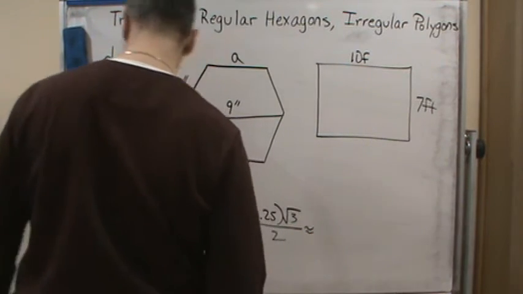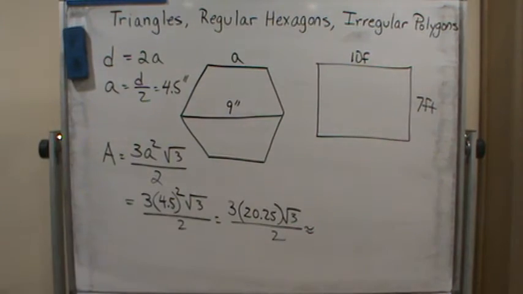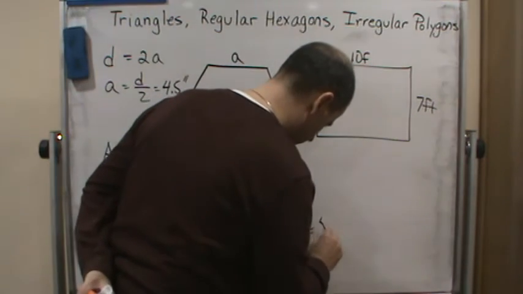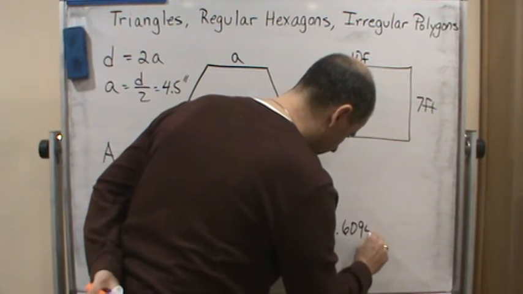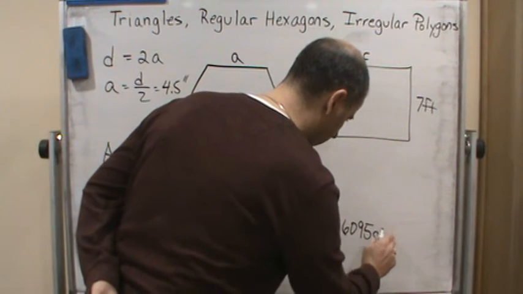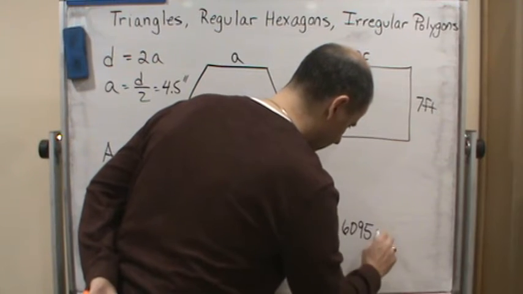Of course, you can stick this in your calculator. And what do we get? We get an approximate value of 52.6095 square inches, not centimeters.